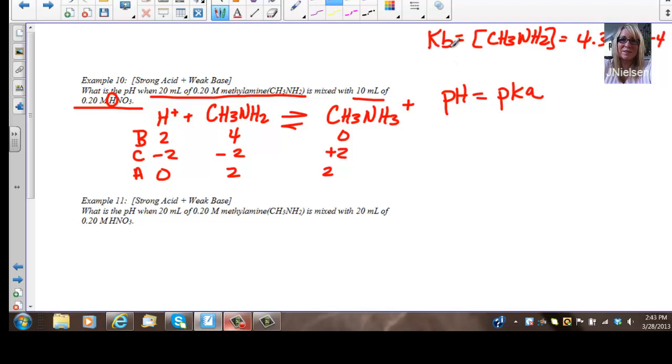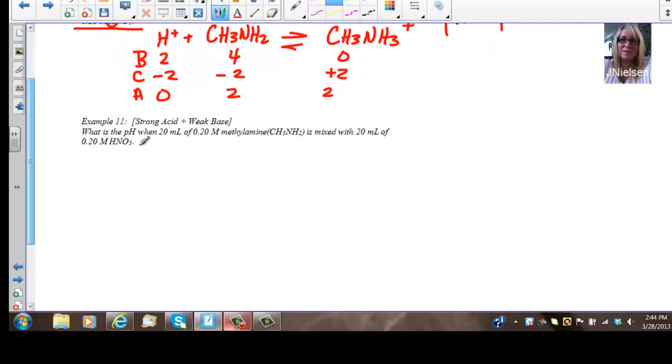So we need the Ka, so Kw divided by Kb. So our Ka is going to be equal to 2.28 times 10 to the minus 11. So pH equals pKa, and our pKa is equal to the negative log of the Ka, which is 10.64. That's our answer. Pretty easy on that one.